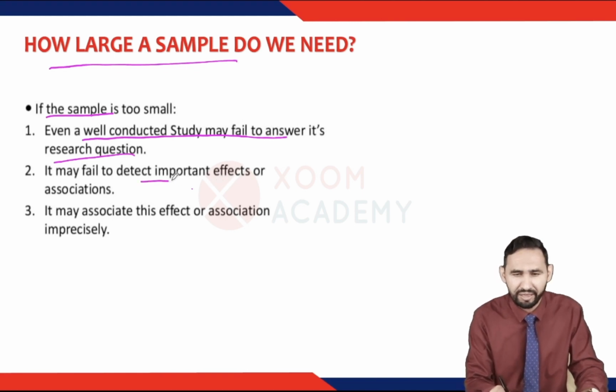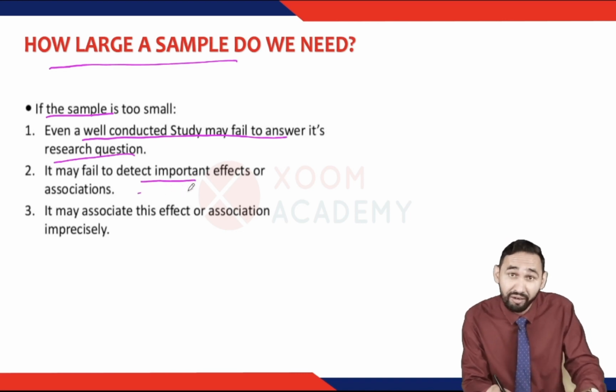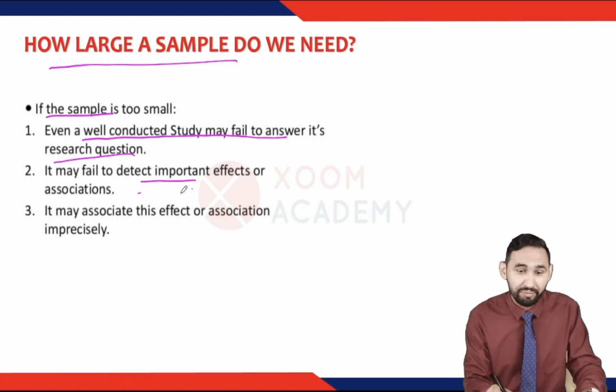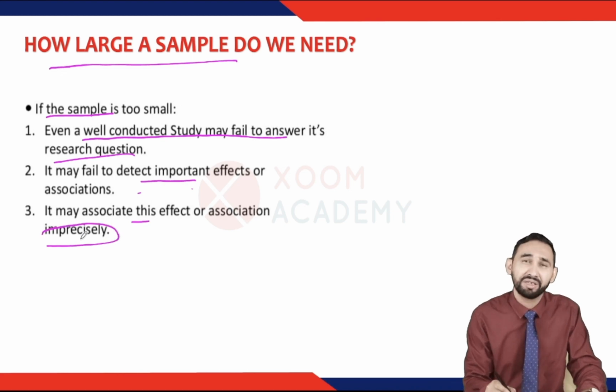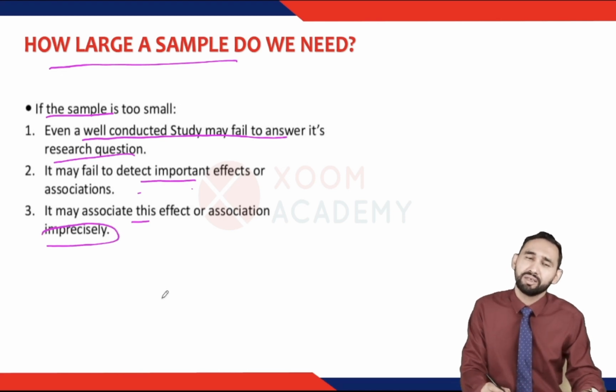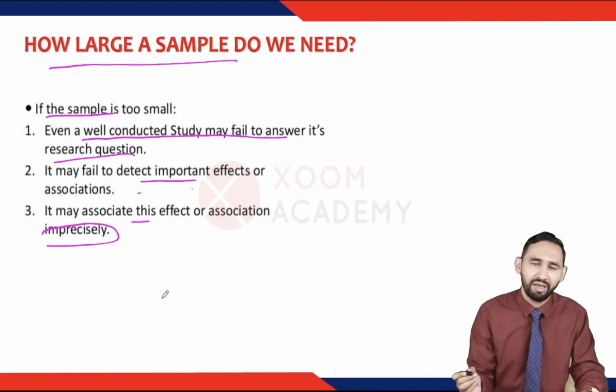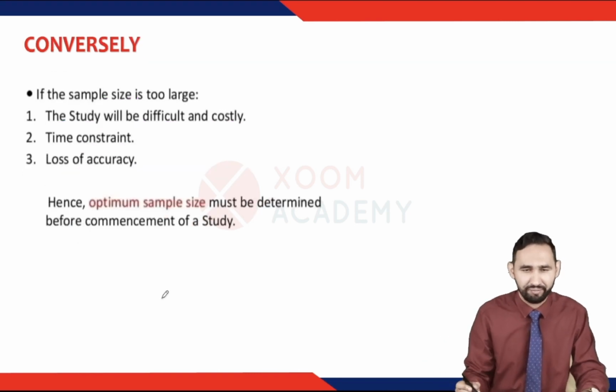It may fail to detect important effects and associations. There may be association, causation, and effects, but we cannot conclude them or calculate them. It may estimate the association imprecisely. We need precise accuracy and precise correlation. If the sample size is too small, these types of errors may arise.